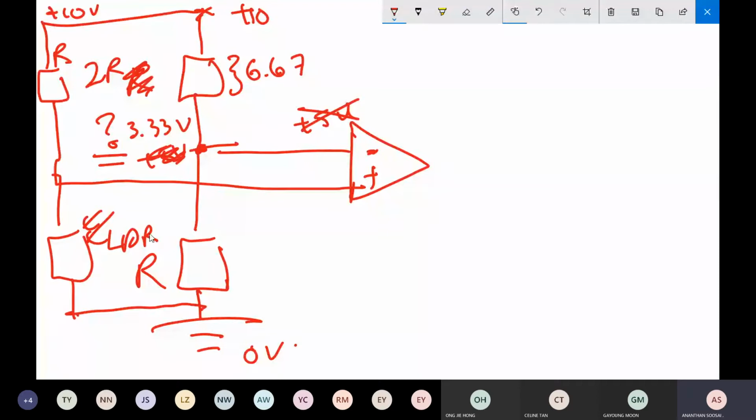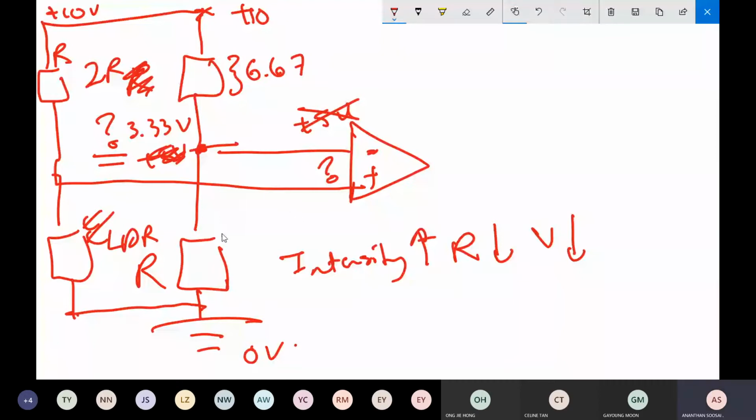When the light intensity rises, what happens to the resistance of the LDR? It decreases. What happens to the voltage across the LDR? It decreases, so the LDR takes less voltage. When the LDR takes less voltage, what happens to the input at the positive terminal, increases or decreases?